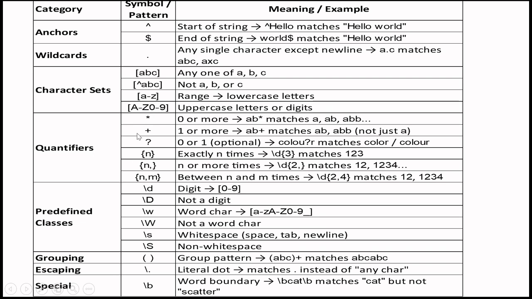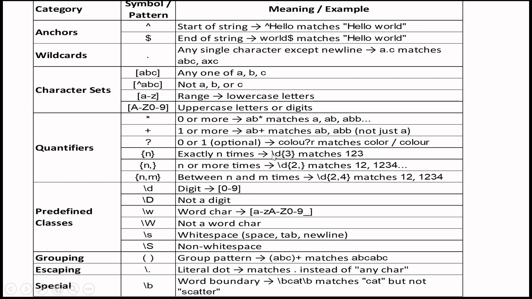Now these are called quantifiers. The asterisk will mean 0 or more occurrences of the letter or character. The plus will indicate one or more occurrences. A question mark will indicate exactly 0 or 1 occurrence. Within curly brackets, when you put n, it refers to exactly n times.